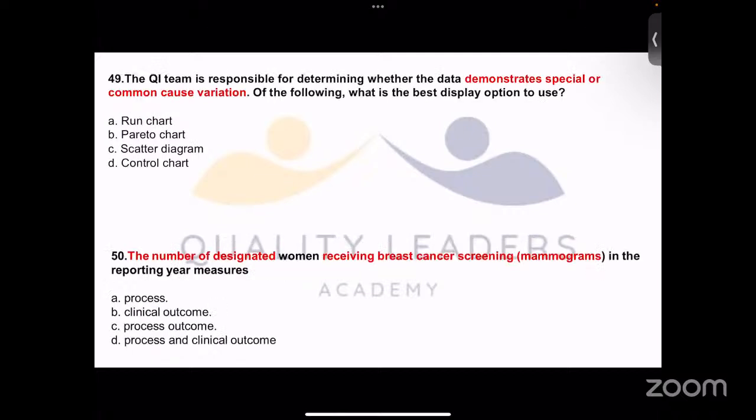Number 49. The QI team is responsible for determining whether the data demonstrates special or common cause variation. Of the following, what is the best display option to use? A, run chart, B, Pareto chart, C, scatter diagram, D, control chart.